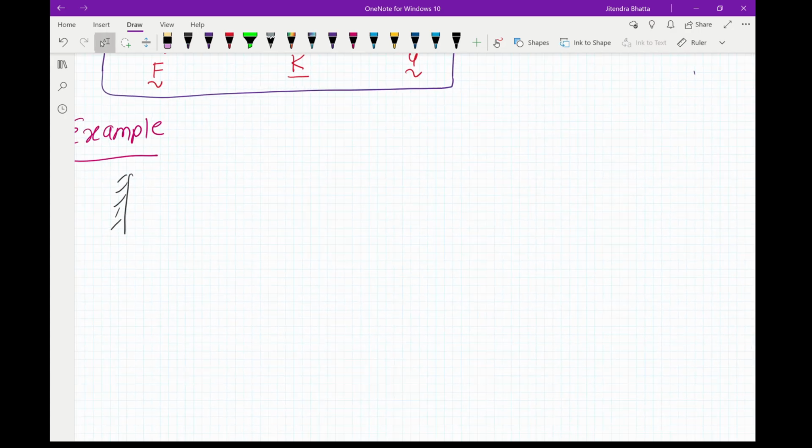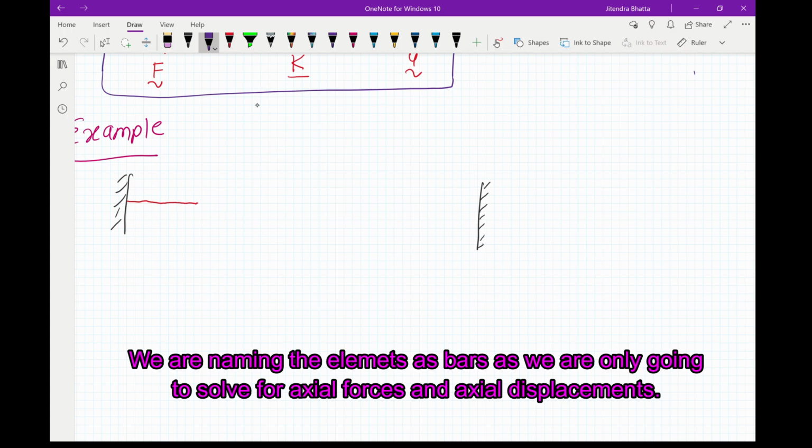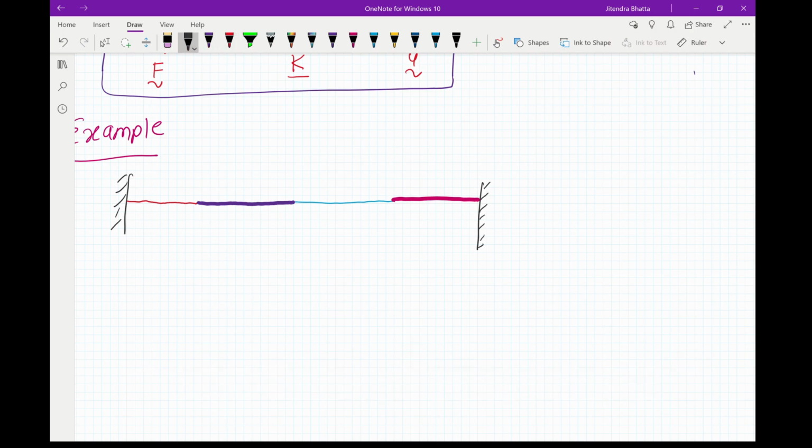Let's say we have a beam which is fixed at two ends like this and has bars like this. That's the first bar, a fourth bar like this. Let's say this bar has an area A. This bar has an area of 3A by 2.